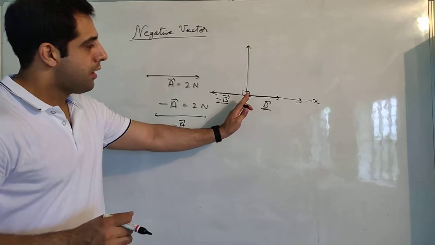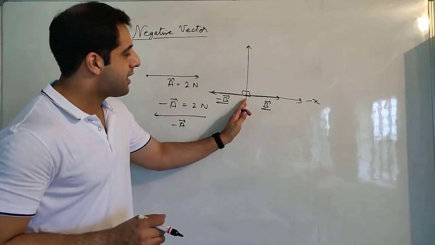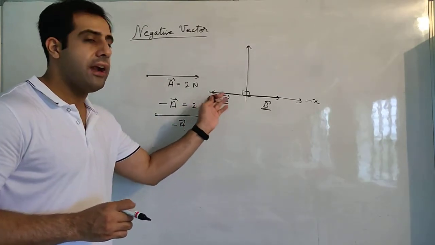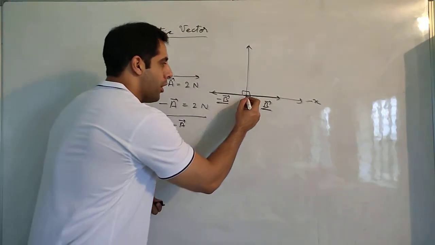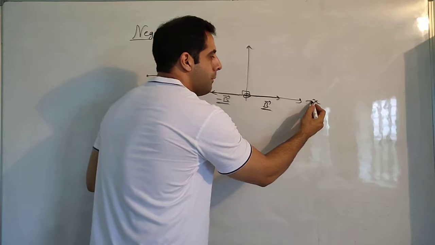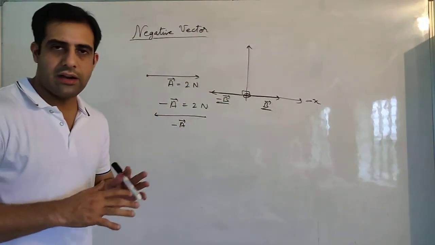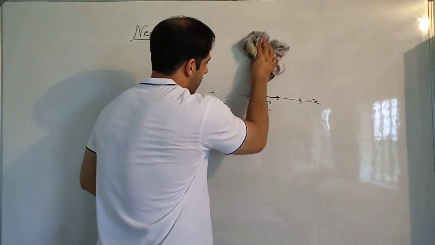So if a box is displaced in this direction, then I can draw a reverse vector, a negative vector in this direction, and that is going to mean the same thing. It just depends on the point of reference and choice of positive and negative axis. So plus A and minus A vector are the same things, only the directions are opposite. So this is the negative vector.